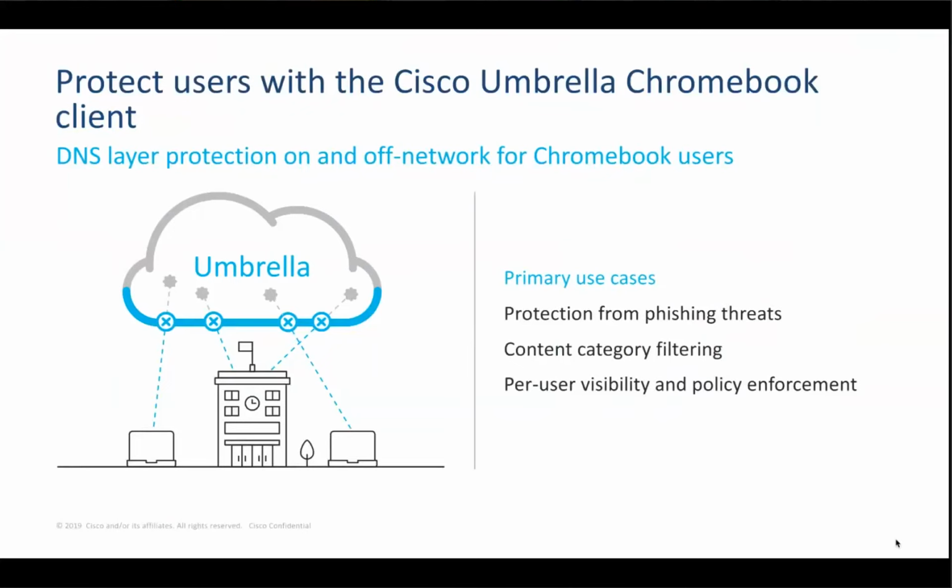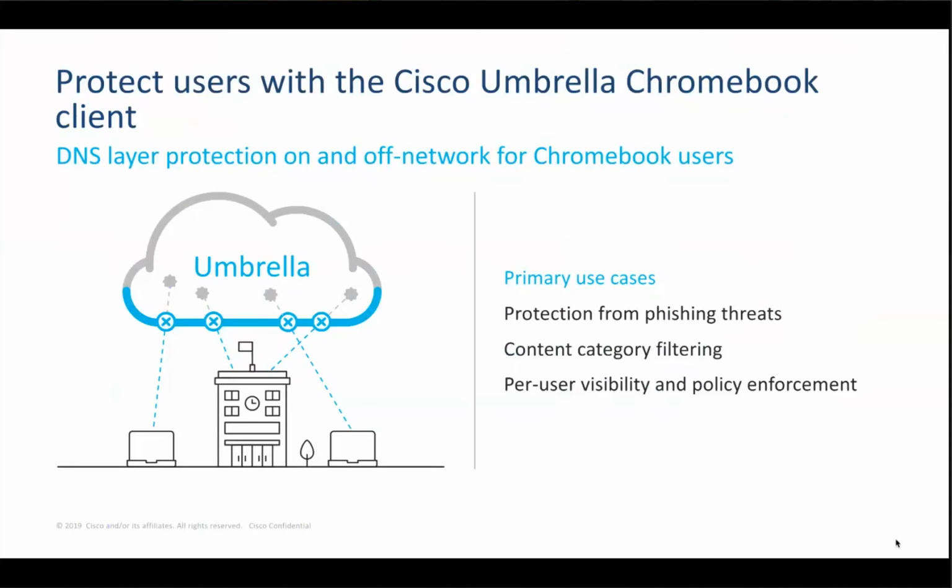Files can be saved to Google Drive and then spread out from there, but for the most part, from a device perspective, they're pretty secure. However, they're still susceptible to phishing threats. And then we also have the challenge of content. How do we protect these users when they leave the network? That's where the Chromebook client comes into play.